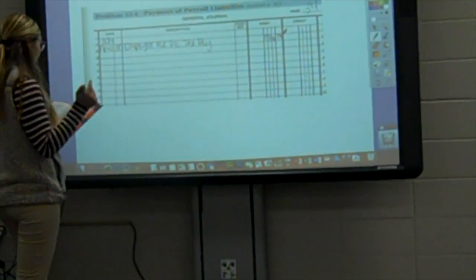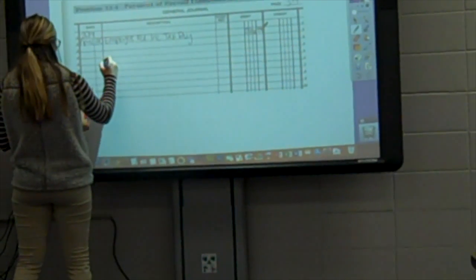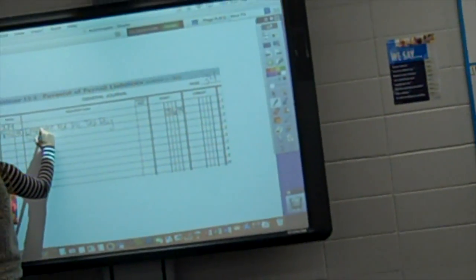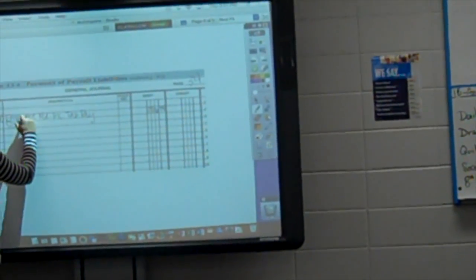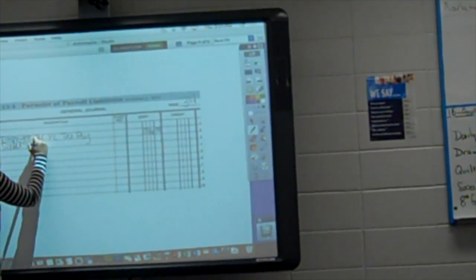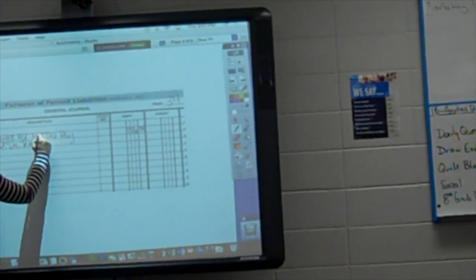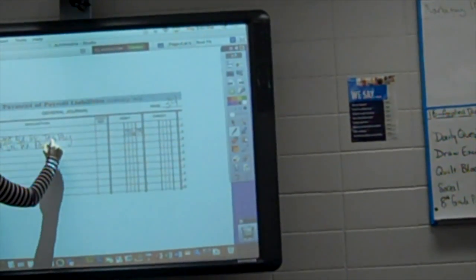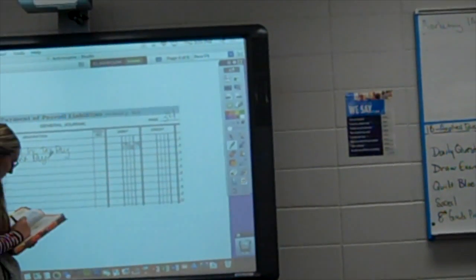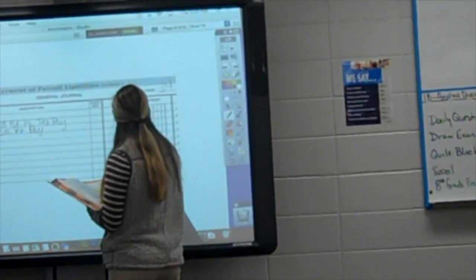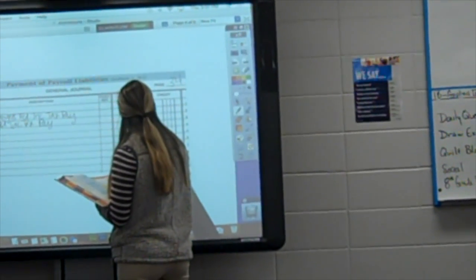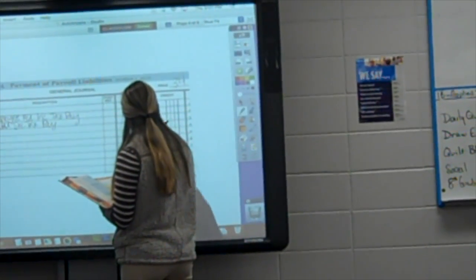So always remember that. So we're going to write our Social Security tax payable. And we're going to put the amount for that. Our Social Security tax payable is for what amount? $318.55. So is this a debit or a credit?